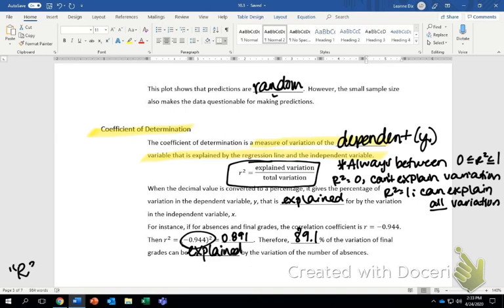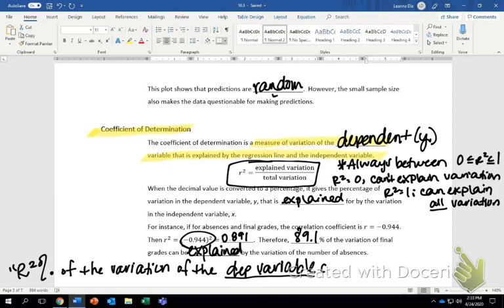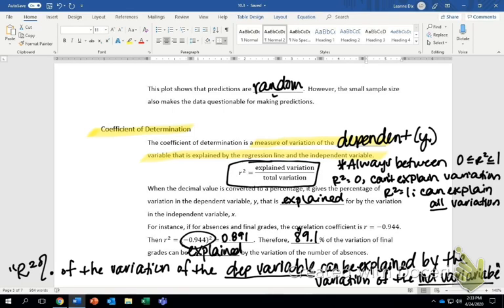You take your coefficient of determination, turn it into a percentage, and say that percentage of the variation of the dependent variable can be explained by the variation of the independent variable. I'm going to underline the dependent and independent variables, because those are going to change from problem to problem. But this would be your statement every time.